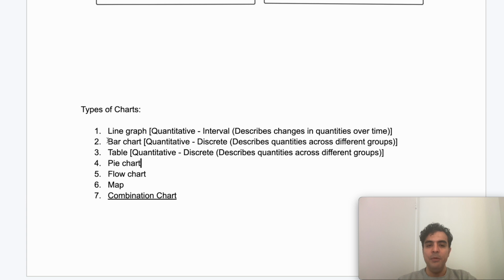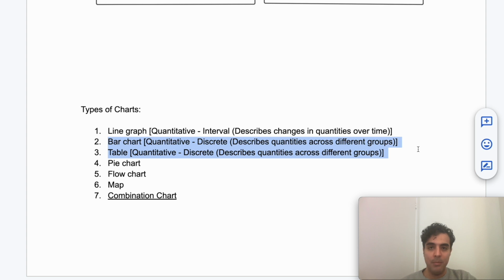Okay. Now, before we proceed, I just have to point out something very quickly. I know that I told you that bar charts and tables are discrete. However, sometimes on the exam, the examiner or the test designer will try to trick you. It's not impossible for a bar chart to have time on its quantitative axis, and instead of showing the variables using a line, you just have all these bars next to each other and you can trace the change over time.